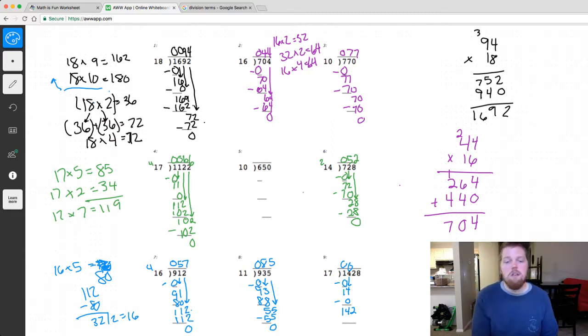17. Let's just guess a number. Let's do 7. 7 times 7 is 49. There's a 4. 7 times 1 is 7 plus 4 is 11. I think that's going to be too small.